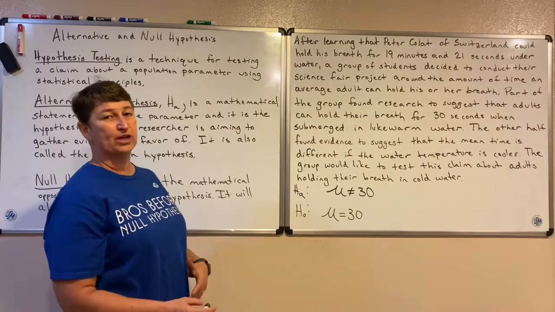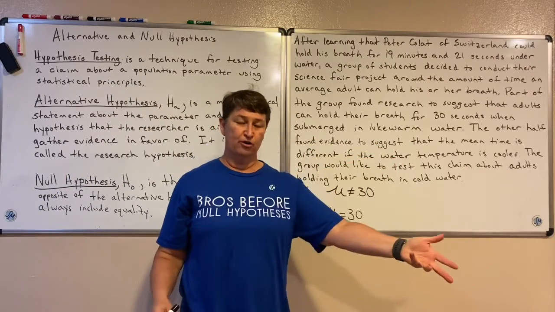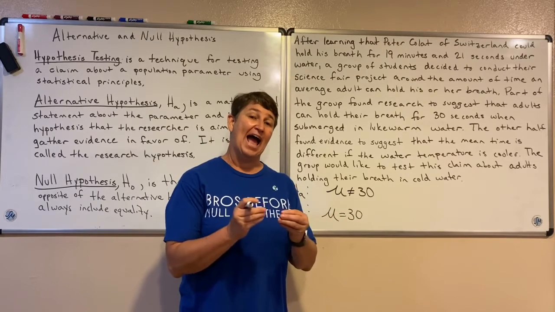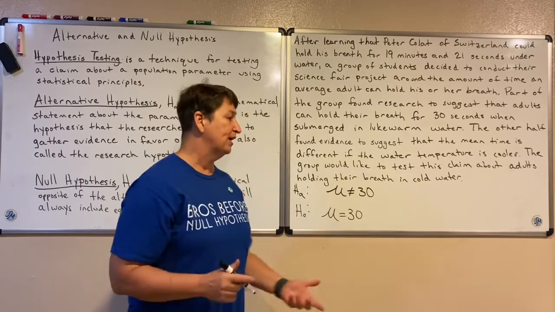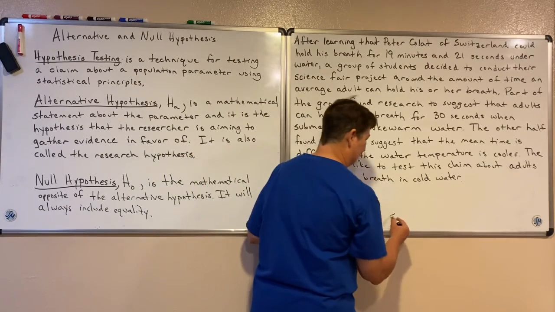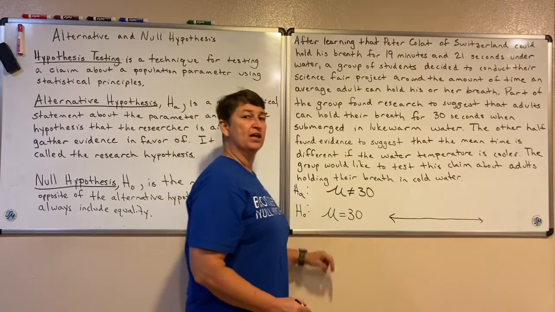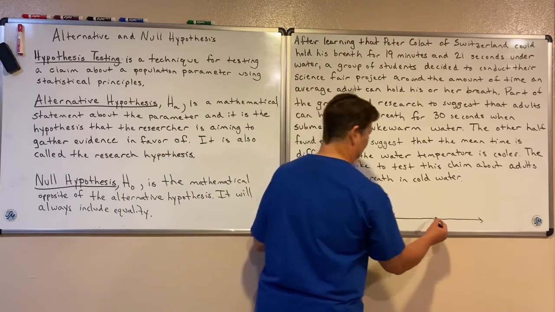So again, what are we going to do? We're going to get a group of adults, put them in some cold water, have them hold their breath, and time them. Then we're going to find the average, the sample mean of that group. That sample mean, if I've collected a random sample of more than 30, should be part of a normal distribution, that sampling distribution.